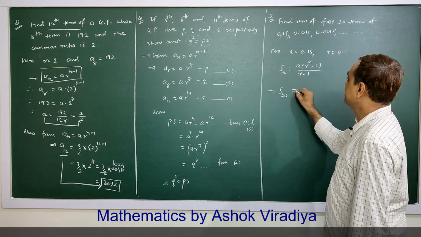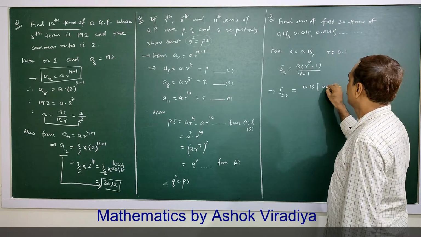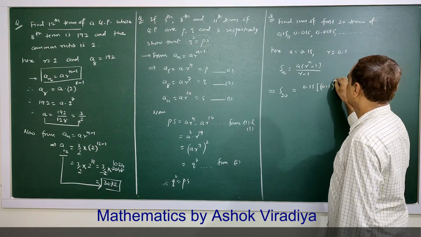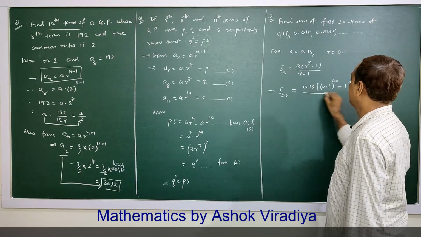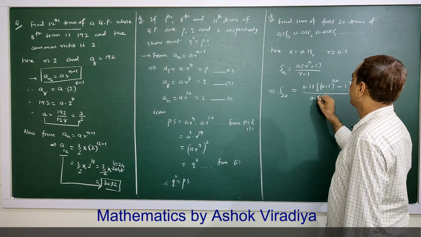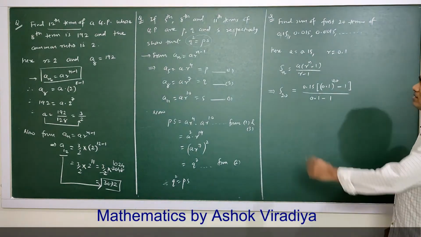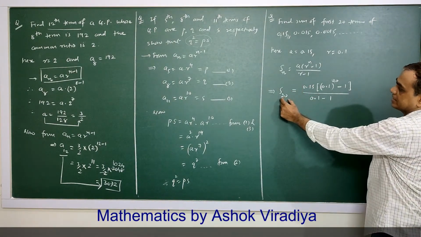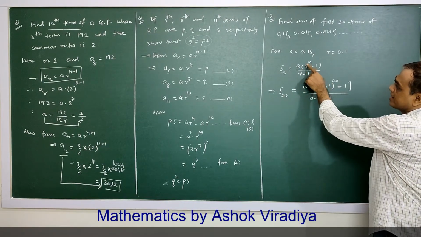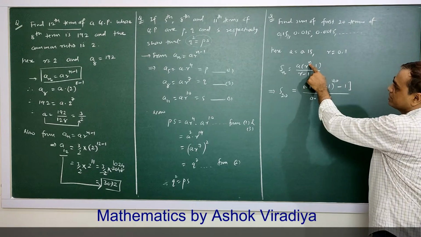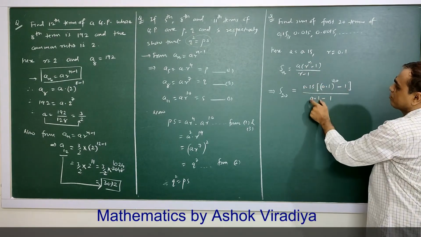N is 20, A is 0.15, R is 0.1, raised to n, that is 20, minus 1 upon 0.1 minus 1. Whatever you keep for n, the same number should be here.